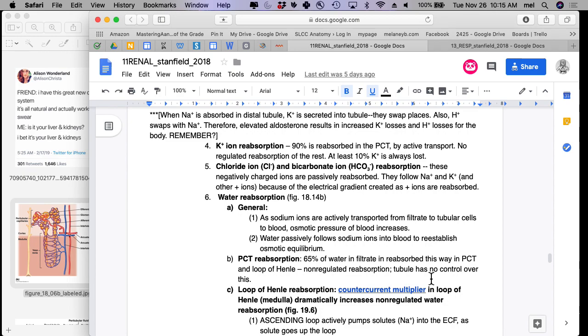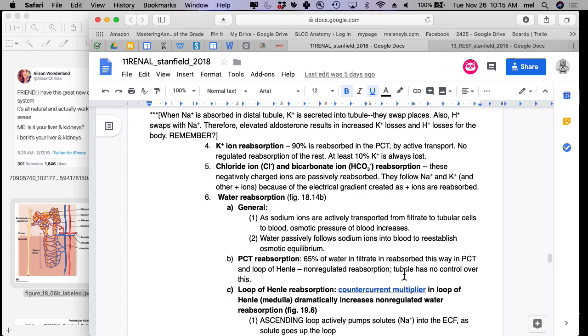So we will see aldosterone visited one more time when we talk about potassium what? What's the word? Filtration, reabsorption, secretion, excretion. Secretion. Yes. So aldosterone triggers both sodium reabsorption and potassium secretion. Good.